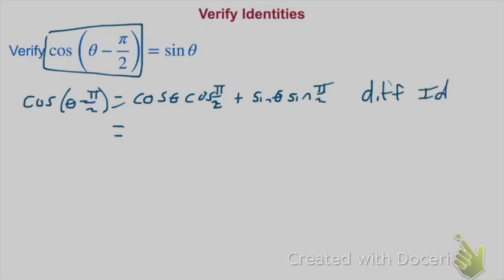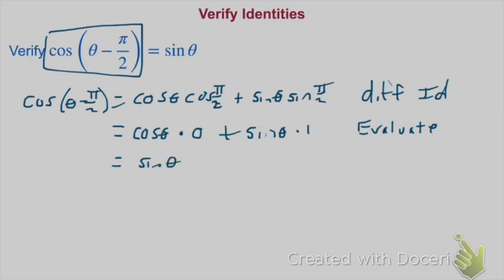We are then going to evaluate. The cosine of pi halves is 0, so we have cosine theta times 0 plus sine of theta times 1, and we just evaluated. From here we simplify. Cosine of theta times 0 is 0, sine of theta times 1 is the sine of theta, and we simplified.